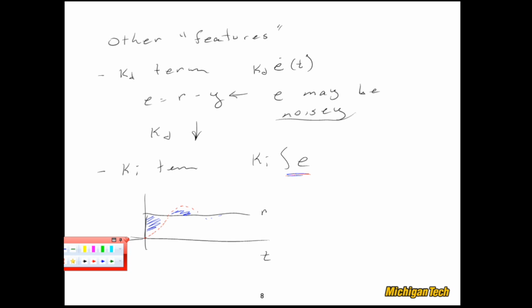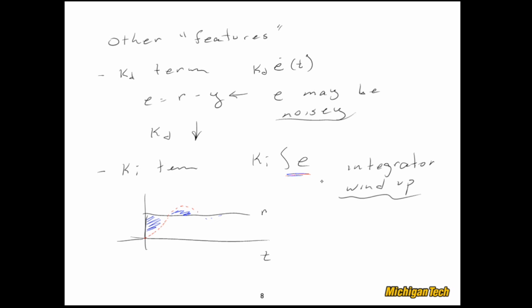This has a name. It's called integrator windup. And it's something that you often have to deal with. You have to actively mitigate the effects of integrator windup, and there's many ways of doing it. And those, of course, are called anti-windup strategies.